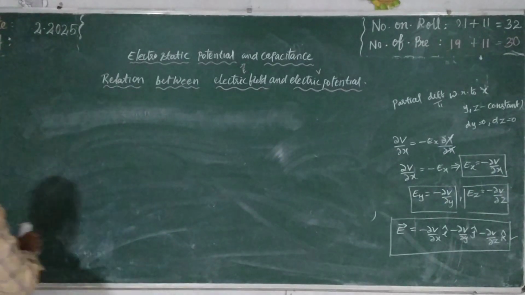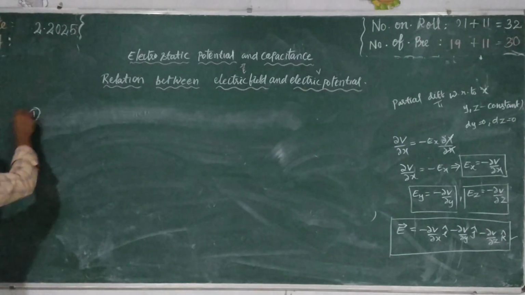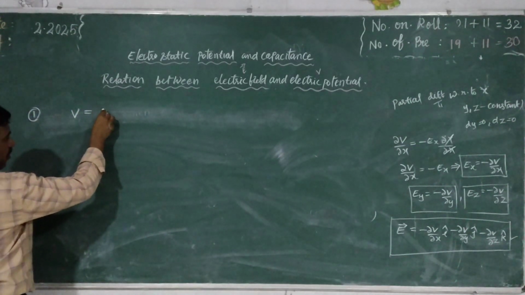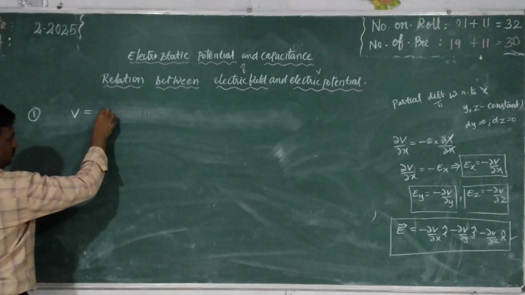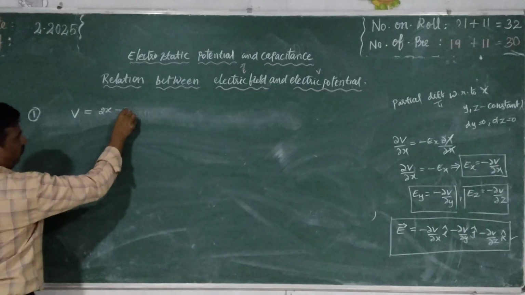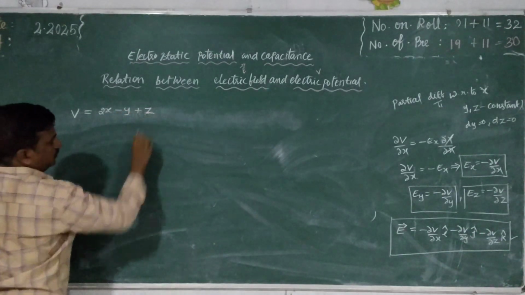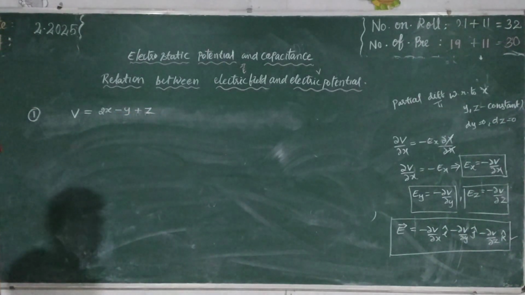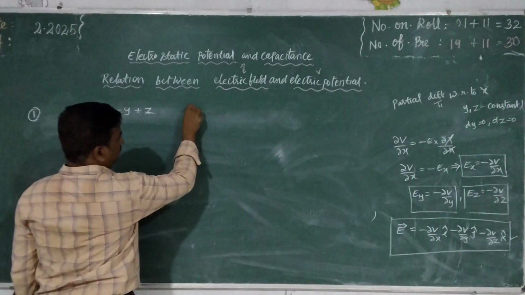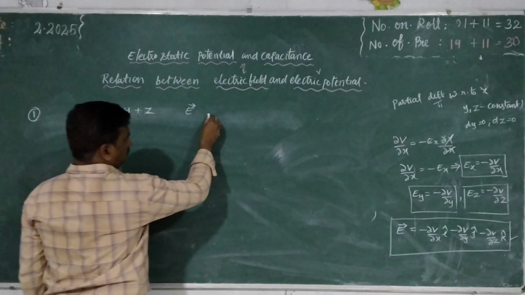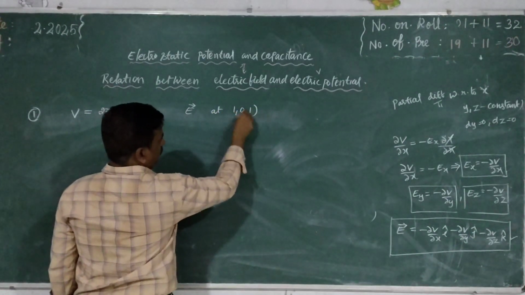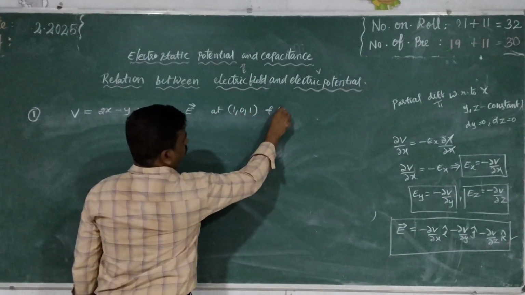First one, see what they give now here. The potential is given. What is the potential here? V equal to 2x minus y plus z, and find the electric field at (1, 0, 1) and also the magnitude of the electric field.